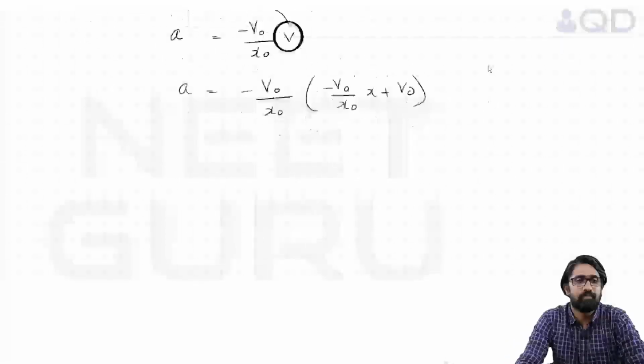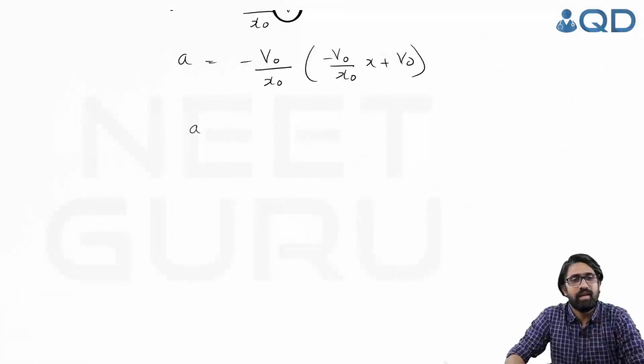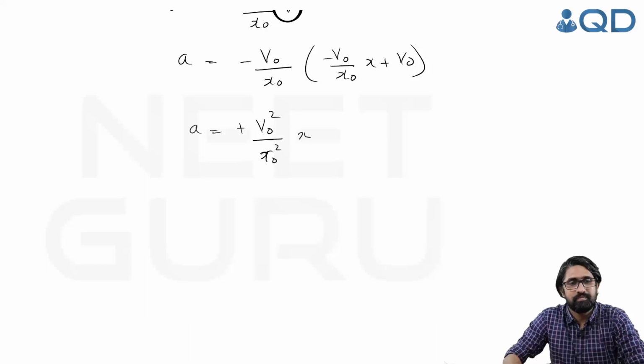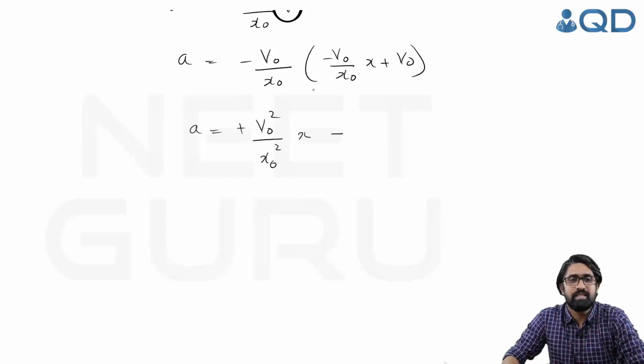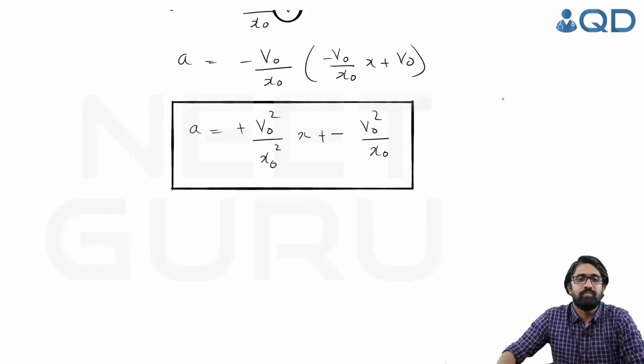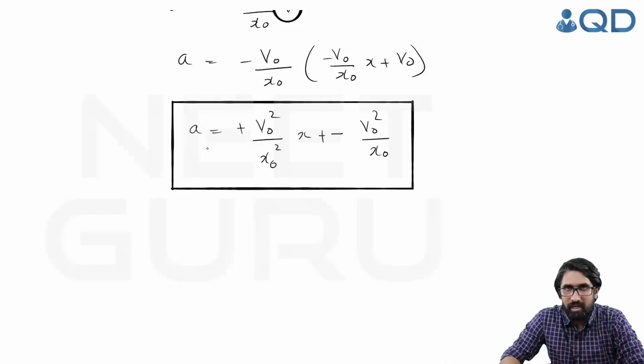Now, on expanding, we have a is equal to plus v0 square by x0 square x minus v0 square by x0, and that is on expansion. Now, we have an expression here for acceleration in terms of displacement. That is exactly what we need, a in terms of x.